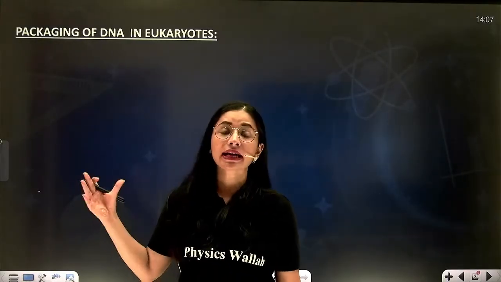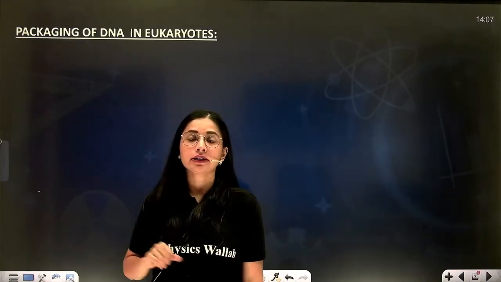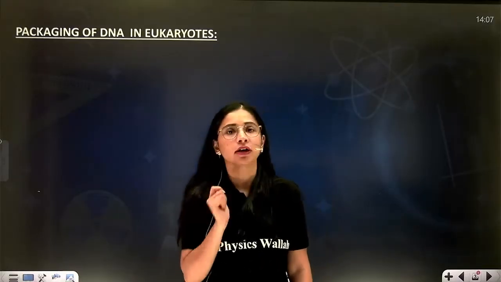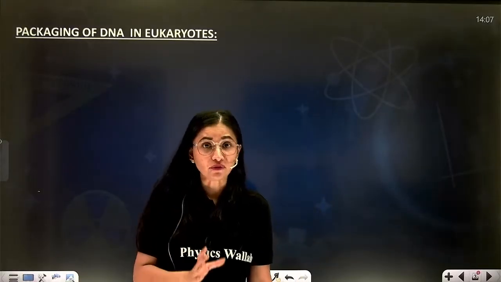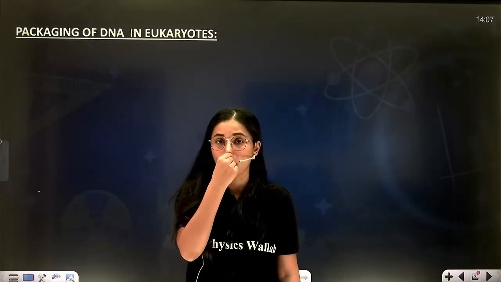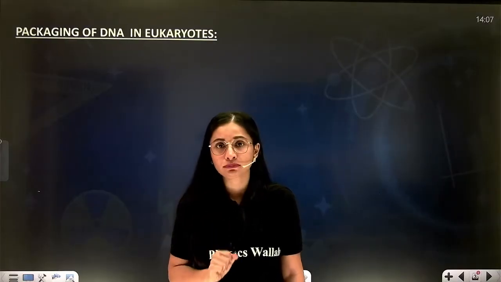But it is not as simple as in prokaryotes for eukaryotes. In case of eukaryotes, the packaging is a little bit complicated. The initial step of packaging is done with the help of positively charged proteins called histone proteins.